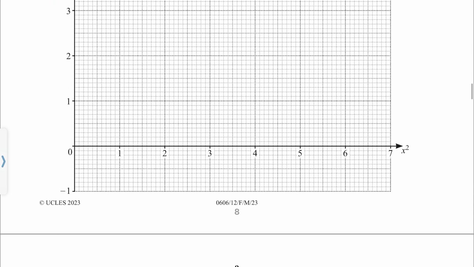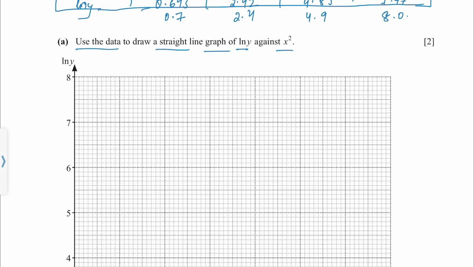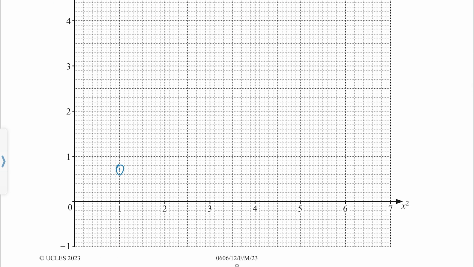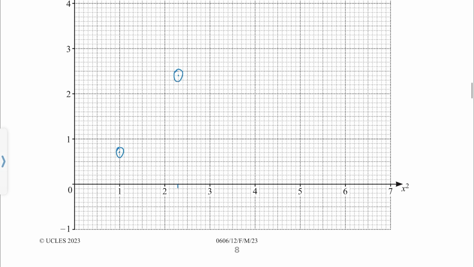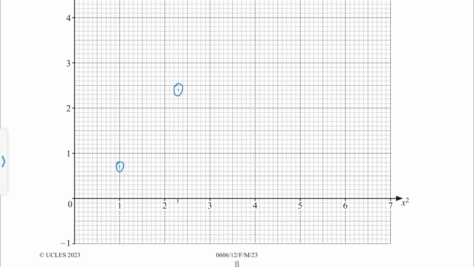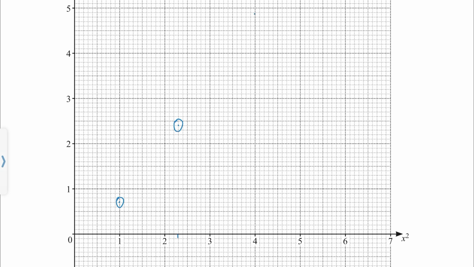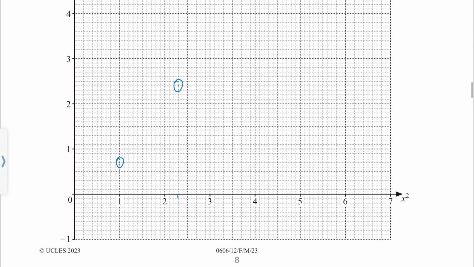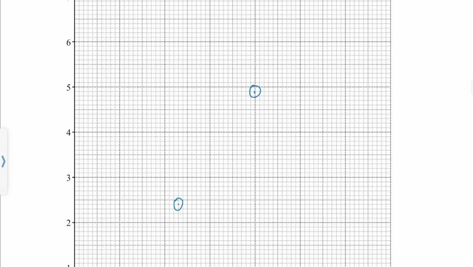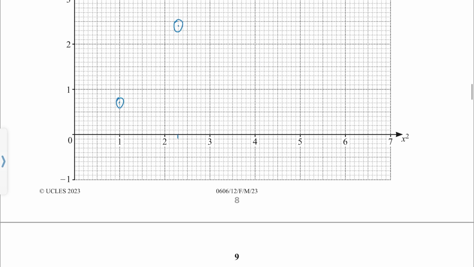Now 1 is 0.7 here, 2.25 would be 2.3 as 2.4, and this 4 would be 4.9, and 6.25 would be 6.3, so 6.3 this.